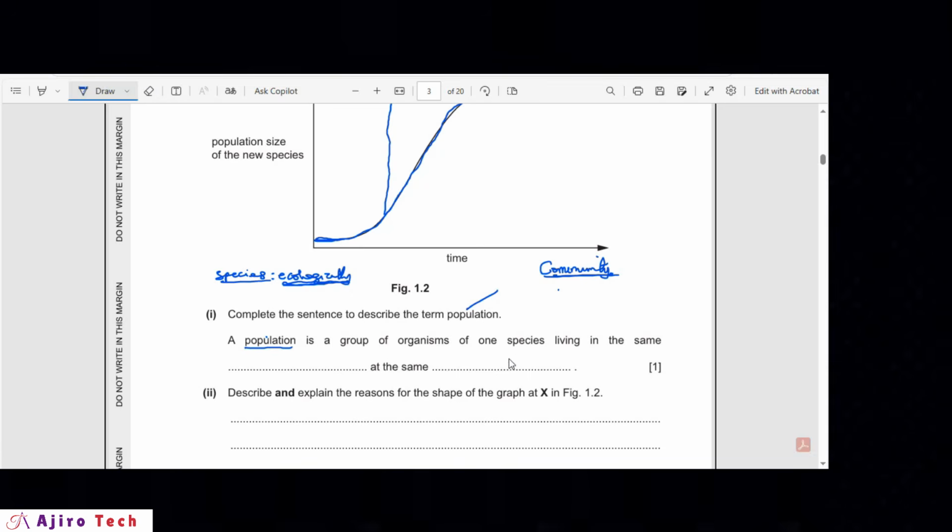So organisms that interbreed successfully are species living in the same area or the same habitat at the same time.